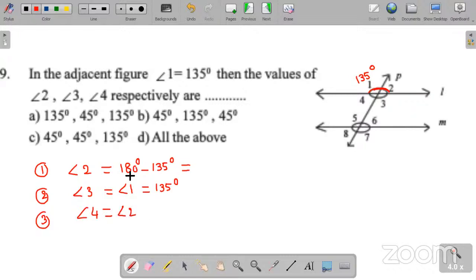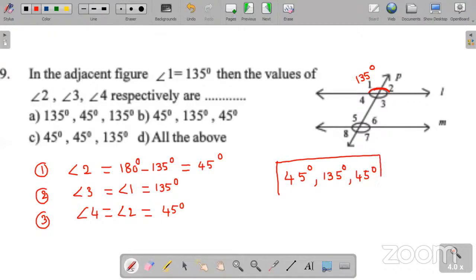First calculate 180 minus 135, so you will get 45. So this is also 45. That means our answer is 45 degrees, 135 degrees, and 45 degrees. So this is our answer. Is it clear?